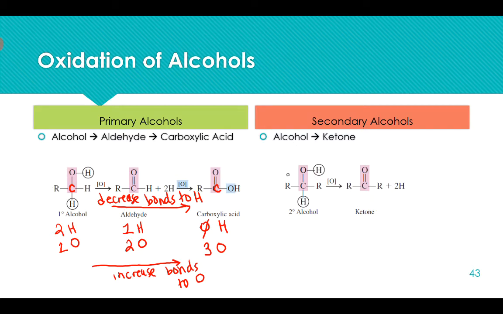When we look at our secondary alcohol, this secondary alcohol has 1 bond to H and 1 bond to O. After it's oxidized, now it has 0 bonds to H and it has 2 bonds to O. And then it cannot be oxidized further because there's no H to remove.